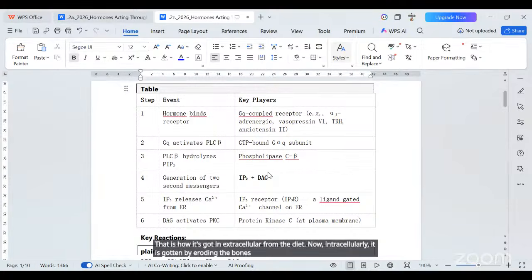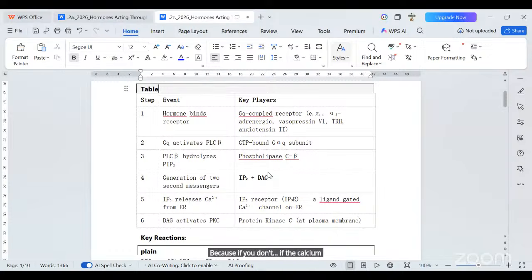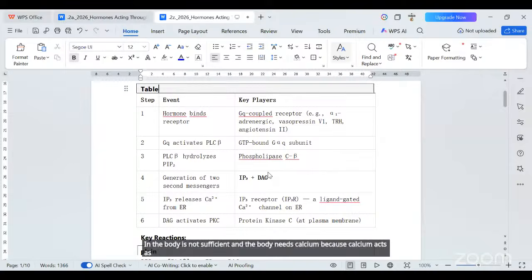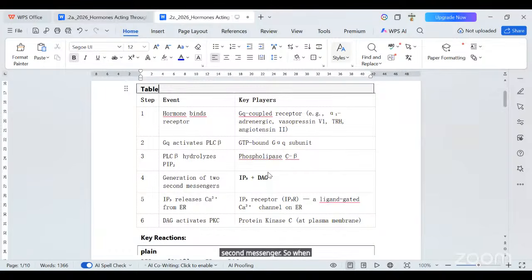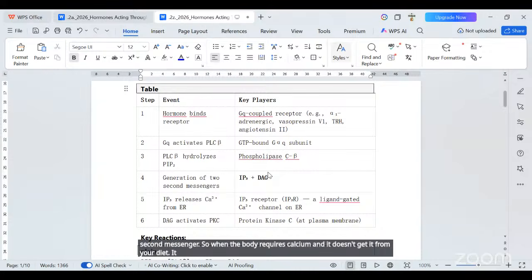Because if the calcium storage in the body is not sufficient and the body needs calcium, because calcium acts as a cofactor with so many enzymes. It is the most versatile and the most used second messenger. So when the body requires calcium and it doesn't get it from your diet, it erodes the bones.